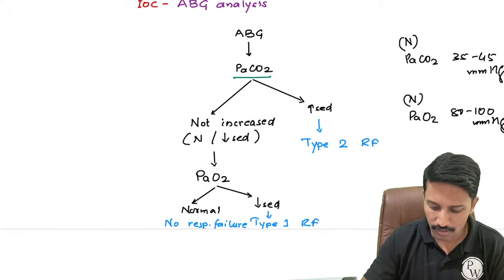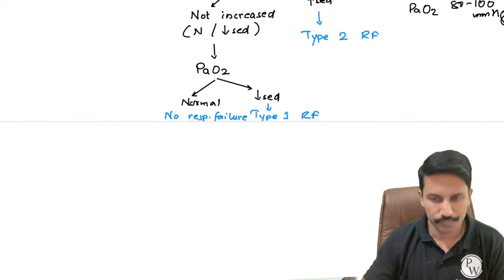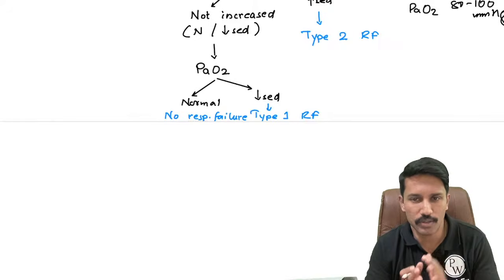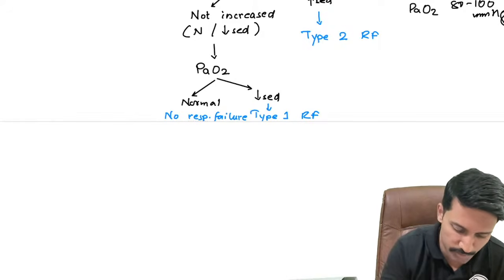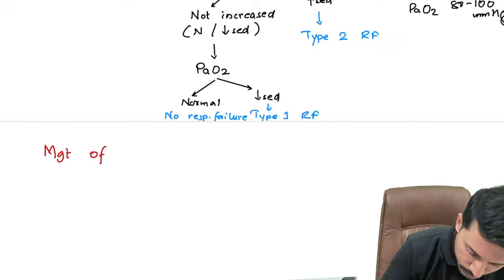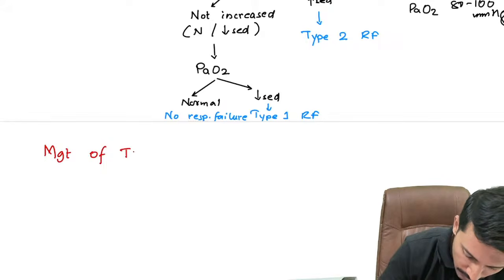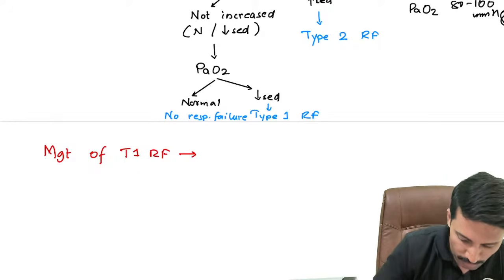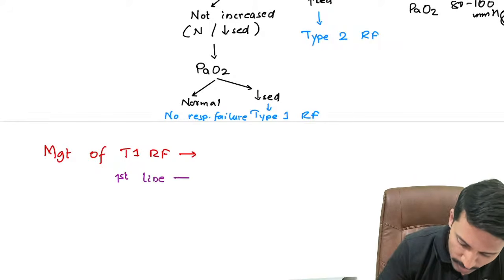Now the question is, how do I manage? How do I manage type 1 respiratory failure and type 2 respiratory failure? So management of type 1 respiratory failure. What is the main problem here? Oxygen, right? Patient's oxygen level is poor. So what should I do?